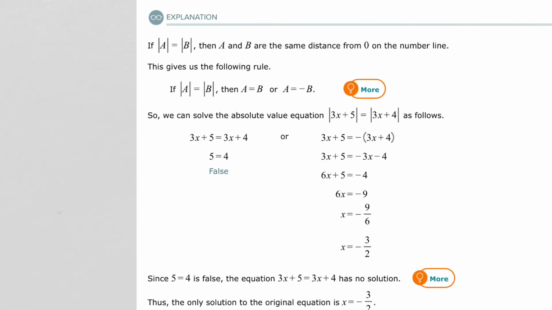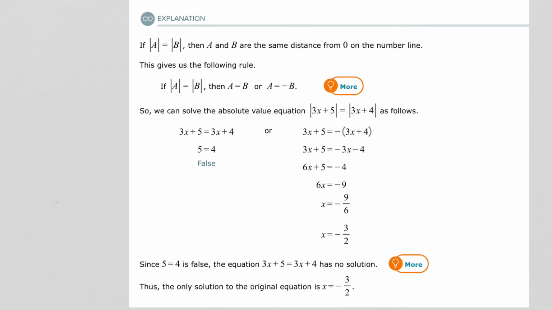When we solve both, on the left we get 5 equals 4, which is false. On the right, we get x equals negative 3/2. So there's one solution.